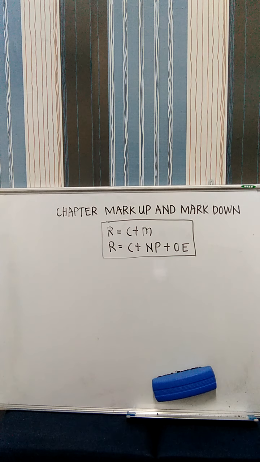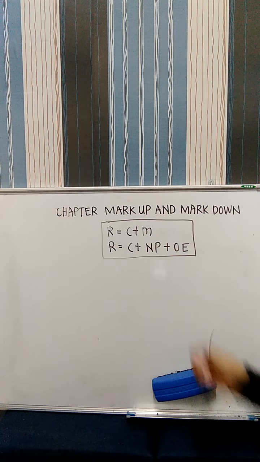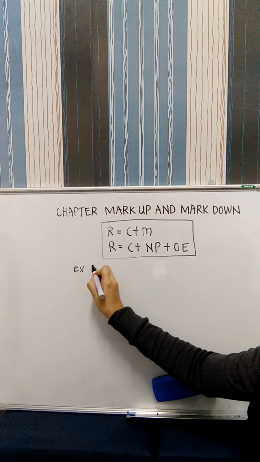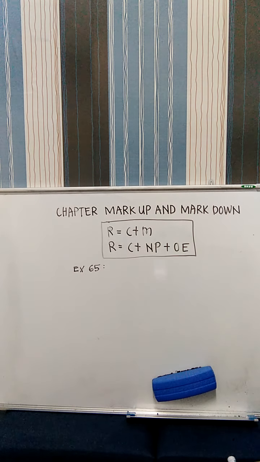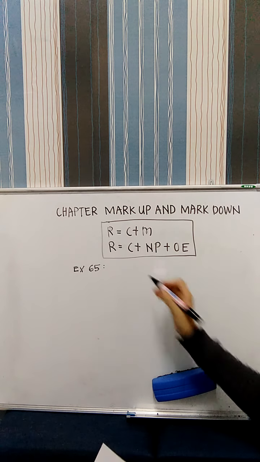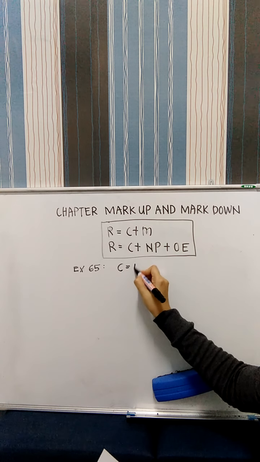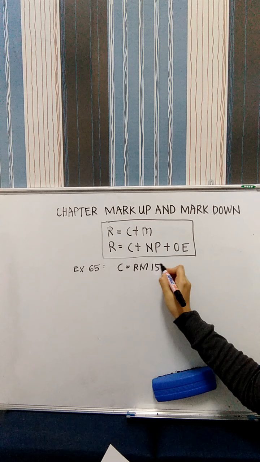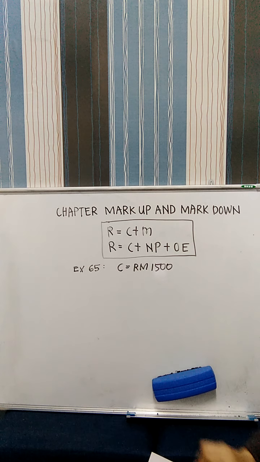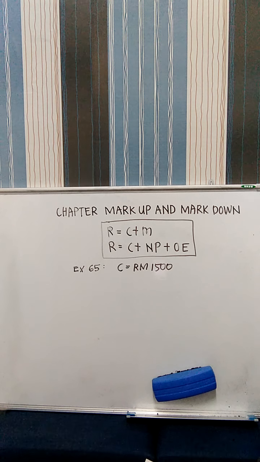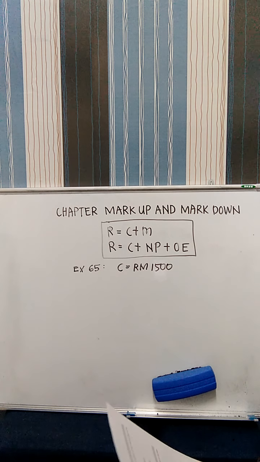Okay, next, continue to example 65. The cost price of a television is 1500. So this is C equal to 1500. If the seller wants a 20% markup based on the retail price. Read carefully.